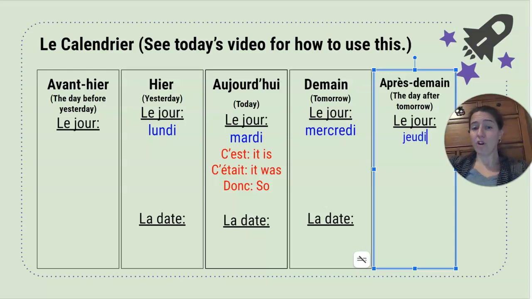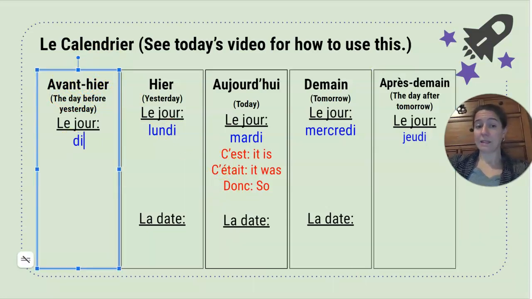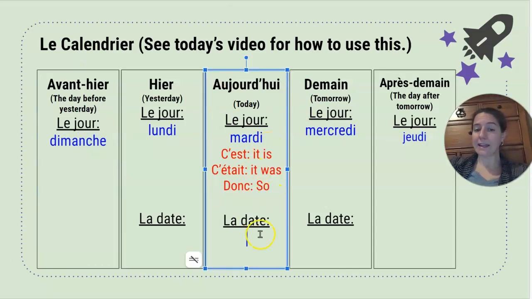Lundi, mardi, mercredi, jeudi, vendredi, samedi, dimanche. Hier, c'était lundi. Donc, avant-hier, c'était dimanche. Ok, et quelle est la date aujourd'hui?